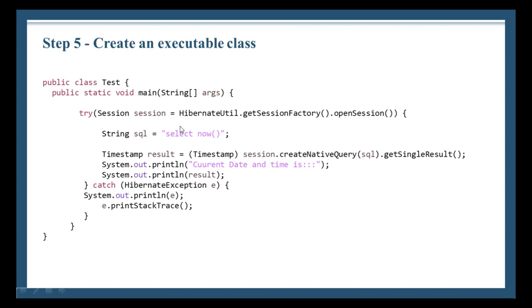And how can we fire that query? We can fire that query with the session instance by calling the createNativeQuery method, dot getSingleResult. Since this query is going to return a single result, we are calling the getSingleResult method, and this will return a date and time, so we need to store it in a Timestamp reference variable, and then we are printing this date and time.